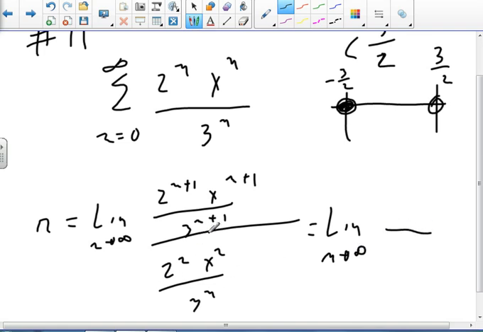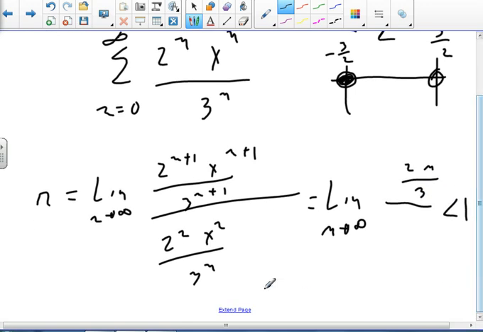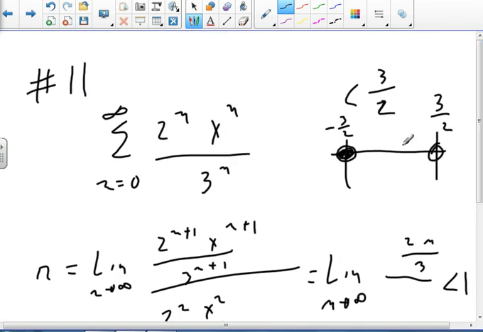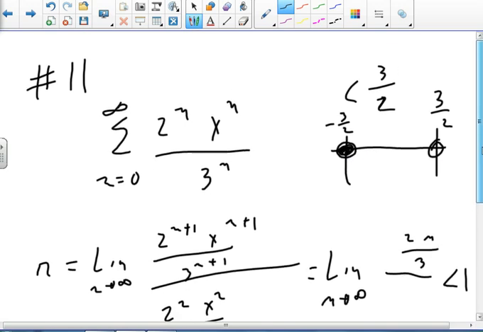I'm going to invert and multiply, so I'm going to get 2x over 3, and that's got to be less than 1. So if 2 over 3 x is less than 1, x is going to have to be less than 3 over 2, which is exactly what I said it was going to be. And then we'd look at the plus and minus guy, and yeah, we're not going to bother.